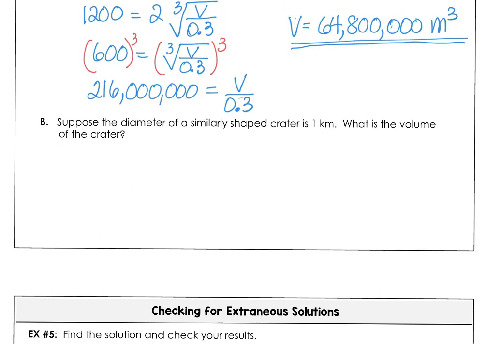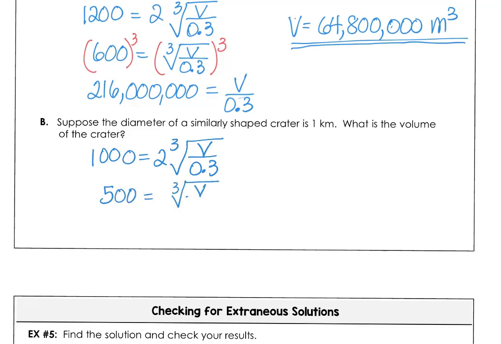Suppose the diameter of a similarly shaped crater is 1 kilometer. So that's 1,000 meters. And our formula is 2 times the cube root of the volume divided by 3/10. So dividing both sides by 2, we have 500 is the cube root of volume divided by 3/10.